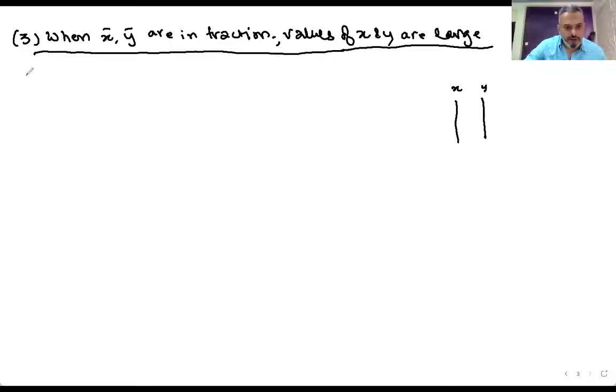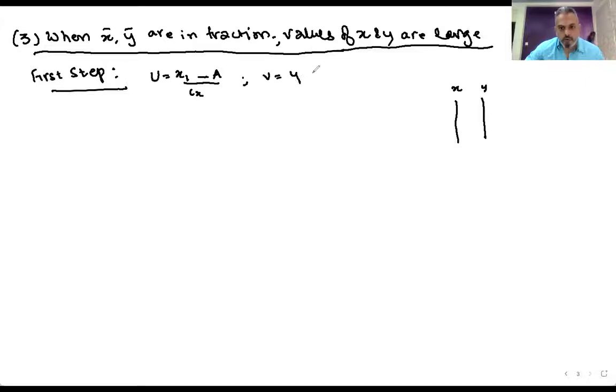So what we do is, the first step in this formula is we convert x into u. So u is equal to x minus a upon c of x, and v is equal to y minus b upon c of y.